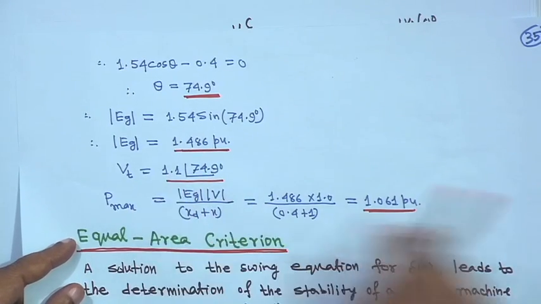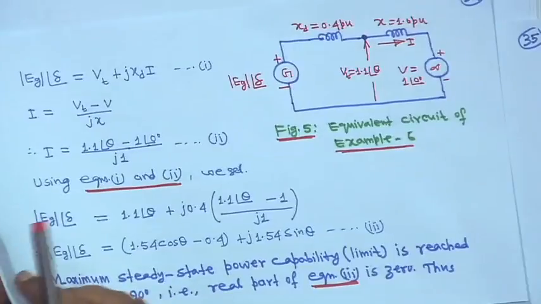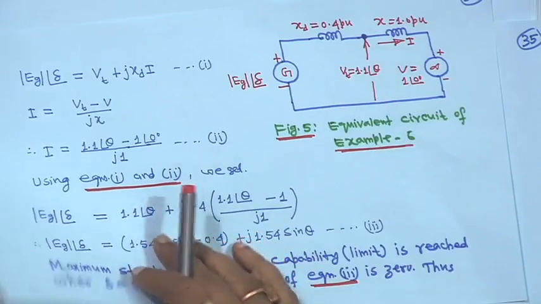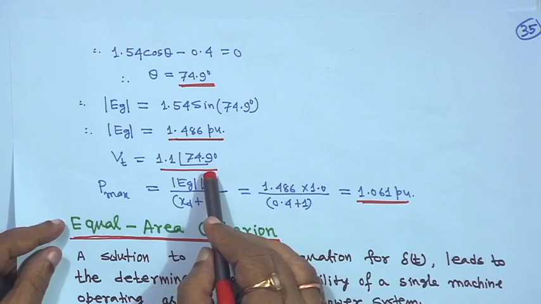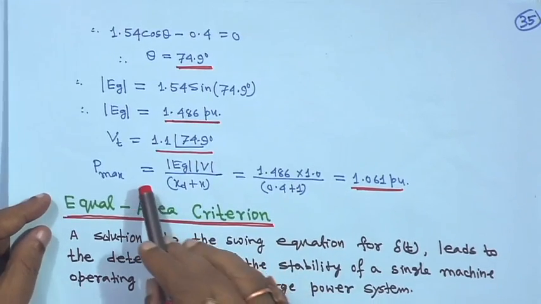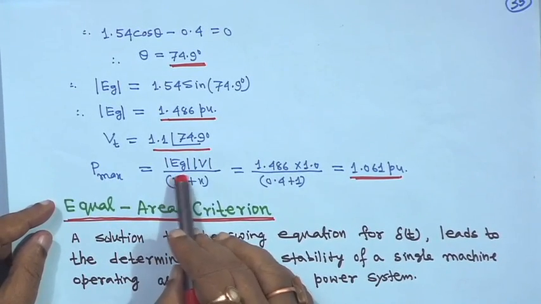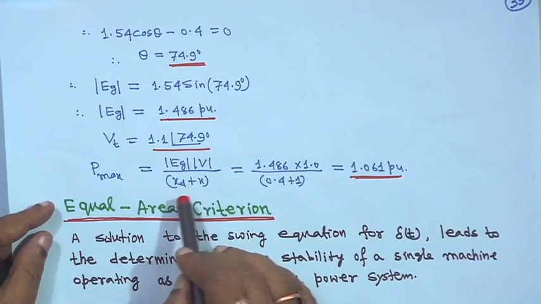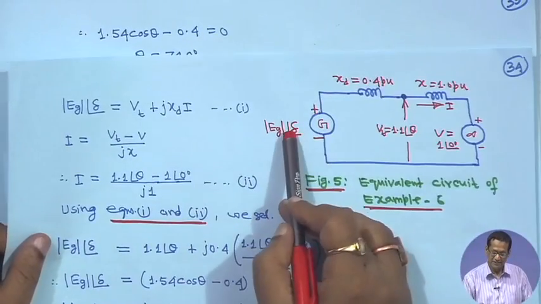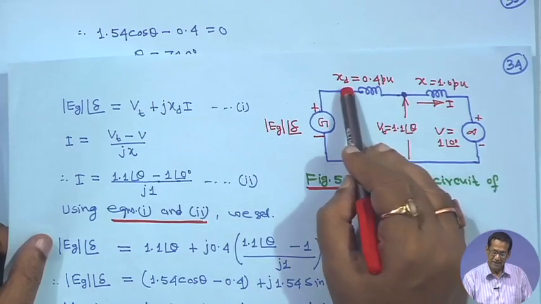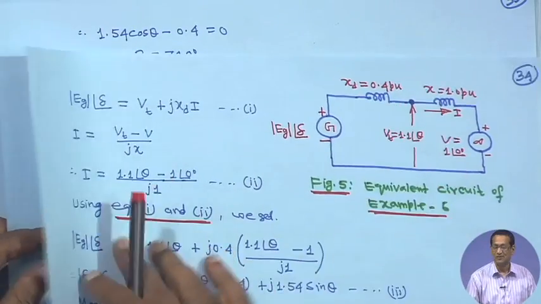That means V t is equal to 1.1 angle theta. So, theta we have got. V t is equal to 1.1 angle 74.9 degree. That means P max is equal to magnitude E g into V divided by x d plus x, the whole reactance of the line.